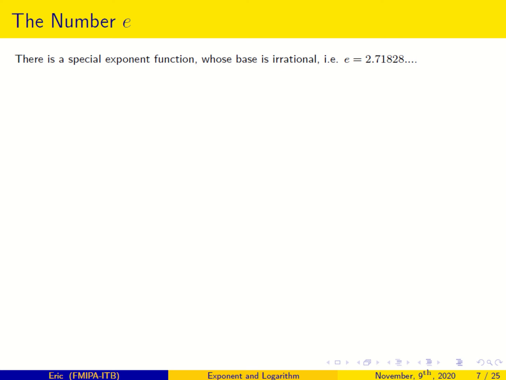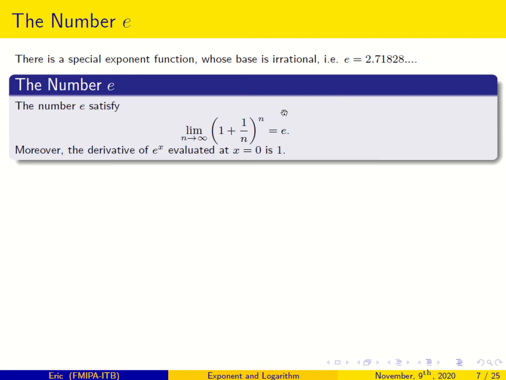And we have a special base that is e. e is 2.71828. How do I find this? It satisfies the limit as n goes to infinity of (1 plus 1 over n) to the power of n. This is what we usually call e. This is an irrational number.